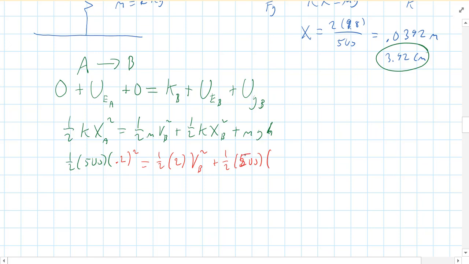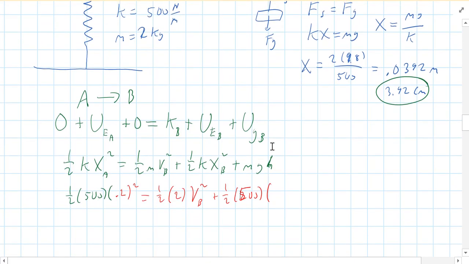The spring compression at point B is 3.92 centimeters, or 0.0392 meters, and we have to square that. And then plus m, which is 2, g is 9.8. What's our height?